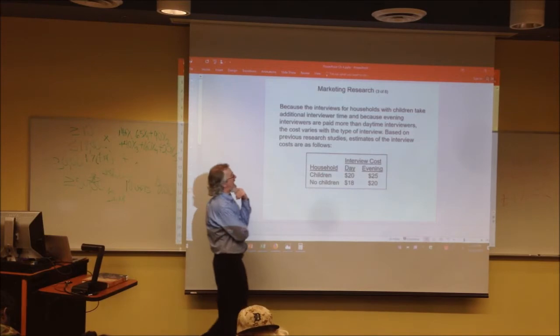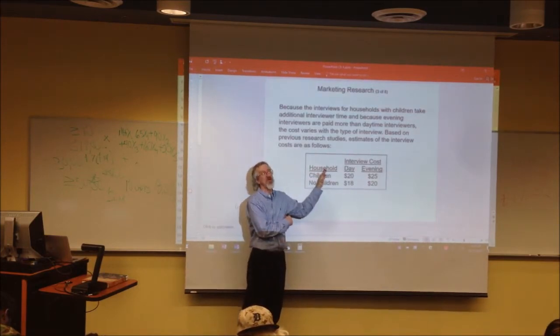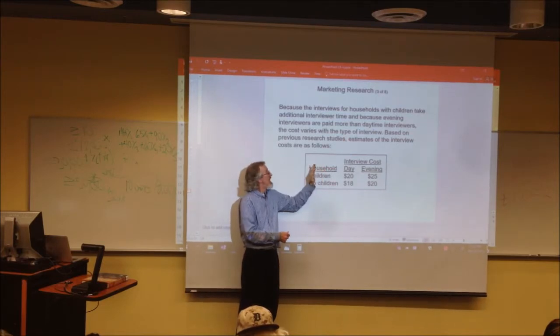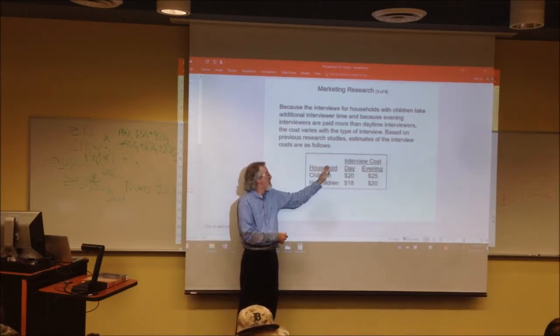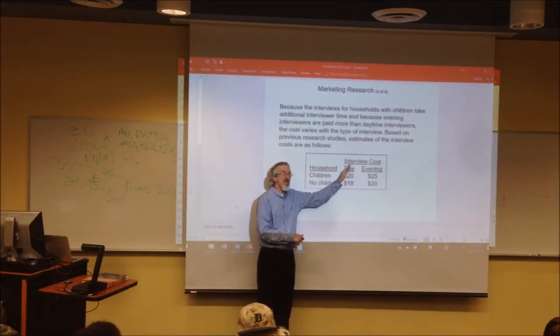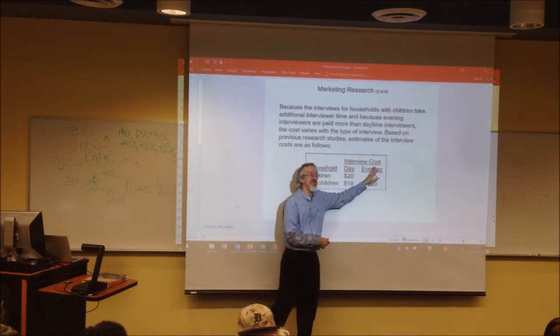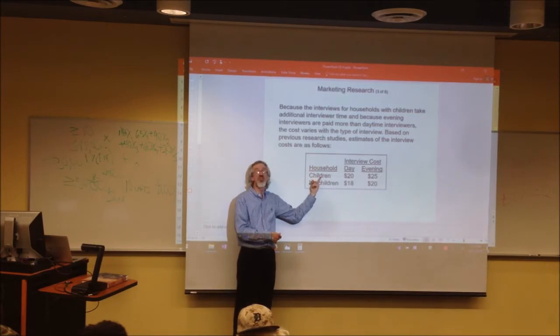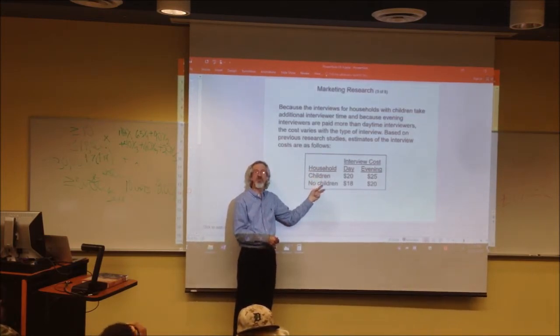They want households interviewed by our marketing company, whether by phone or door to door or whatever. They want you to interview households during the day and in the evening, and they want a certain amount of households that have children living at the house, and a certain amount of households that don't have children.